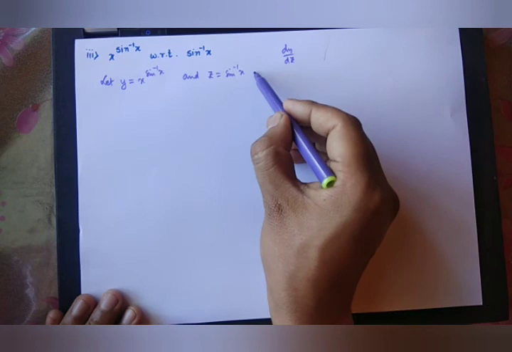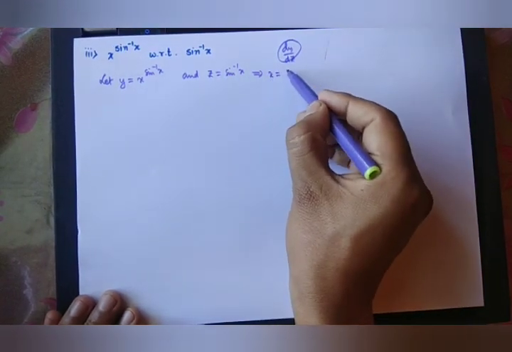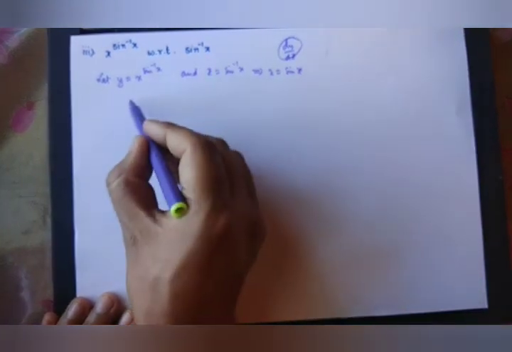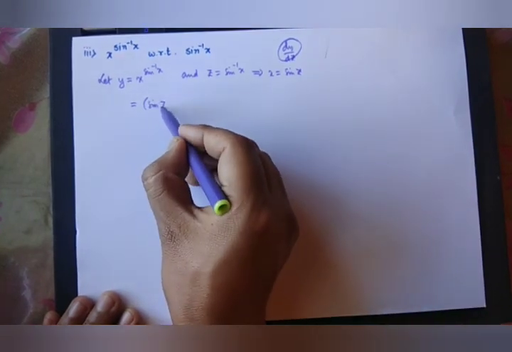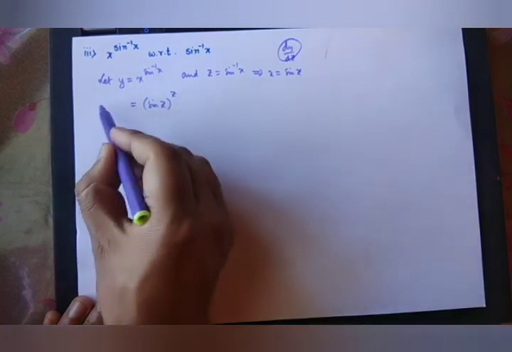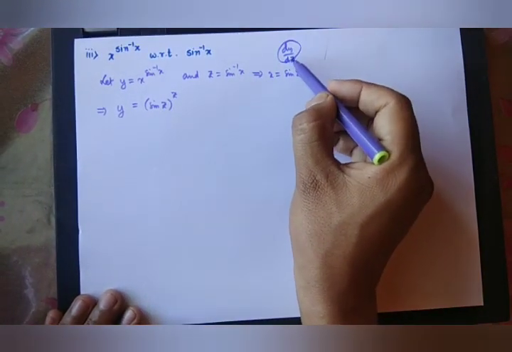From here we have x equal to sine z, so let's substitute. We have x as sine z, and sine inverse x is z. So y is equal to sine z to the power z, and we want to find dy by dz.